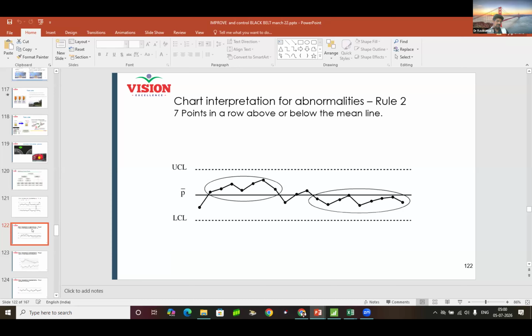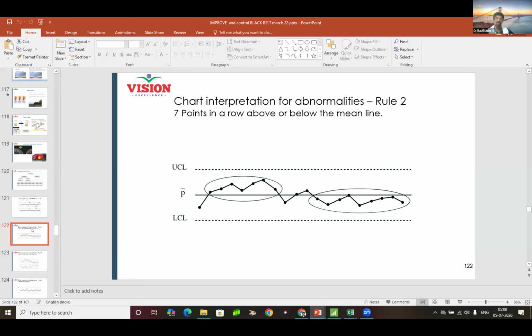So when the data is very close to the center line, there is a chance of fabricated data being entered, or data collected without going to the site at all, and the inspection not carried out properly. They might not have carried out the inspection at all, but at the end of the month they might have manipulated some data and entered it. So these kinds of possibilities are there.